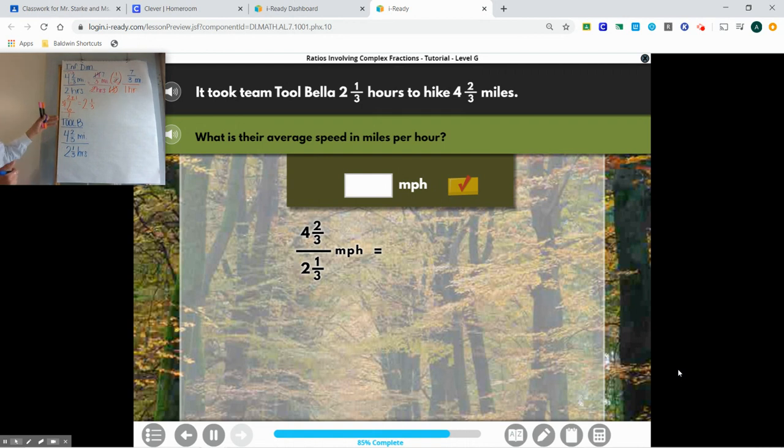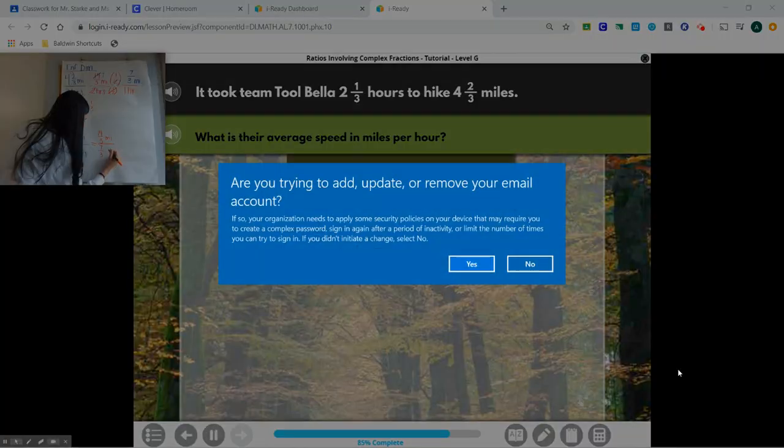We have a super nice complex fraction here. If we turn those both into improper fractions, this will be 4 times 3, 12, plus 2. We already know that that was 14 over 3 miles, same from before. Now we're going to do this one. 3 times 2, 6, plus 1, 7. So this is 7 over 3, which we know from here, hours.